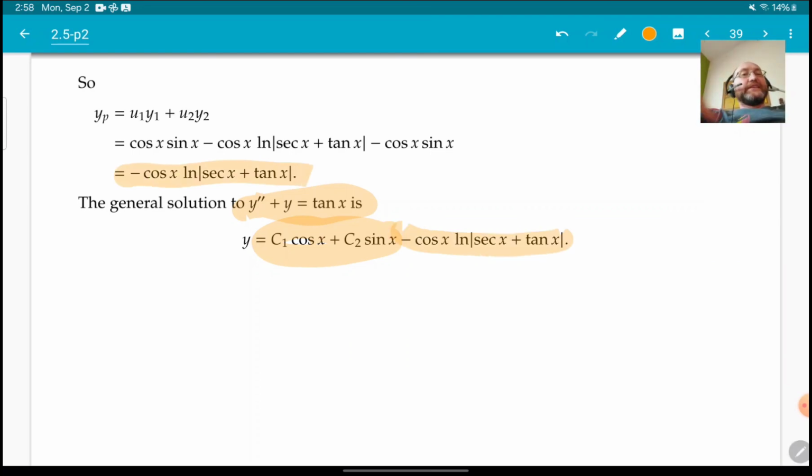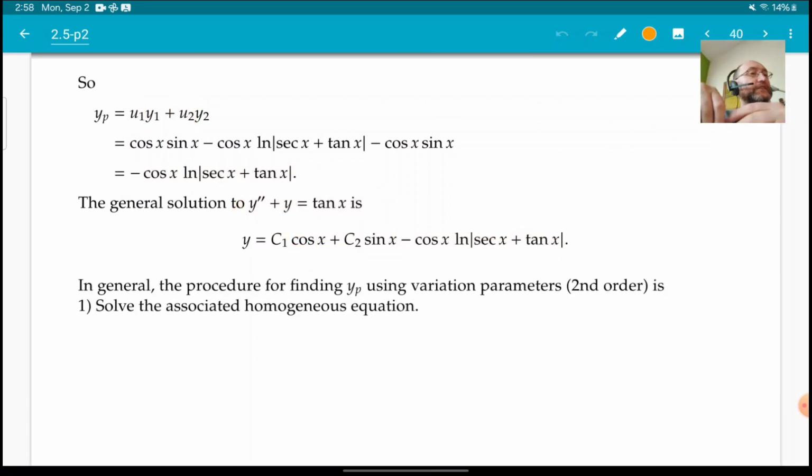And you can see that if there were constants of integration over here, they just end up over here. I'd get C1 times y1 and C2 times y2. So anyway, that's the solution.